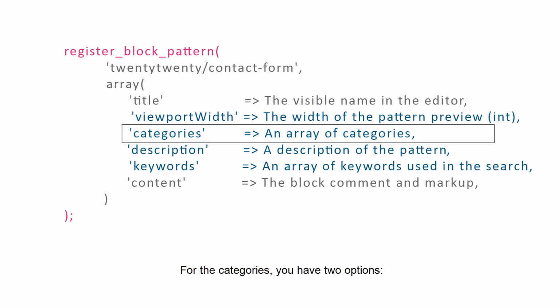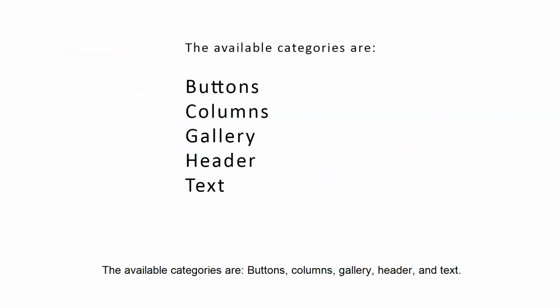For the categories, you have 2 options. Either use a category provided by WordPress, or register your own. The available categories are buttons, columns, gallery, header, and text.